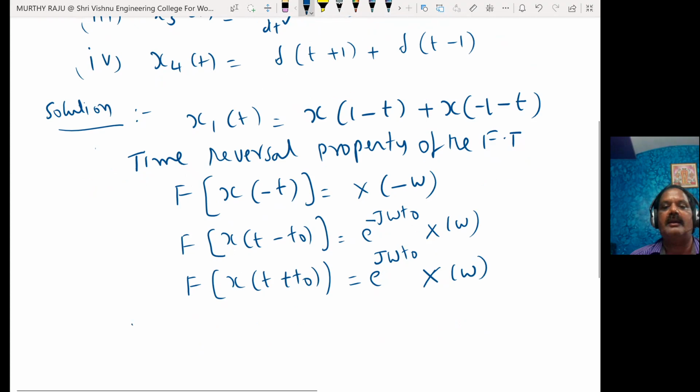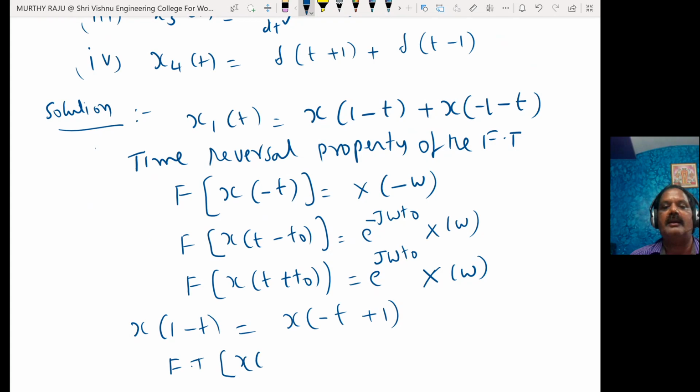Here consider x of 1 minus t, that is equal to x of minus t plus 1. Therefore, applying this property with t naught equal to 1, we get e power j omega into 1 times the Fourier transform of x of minus t.